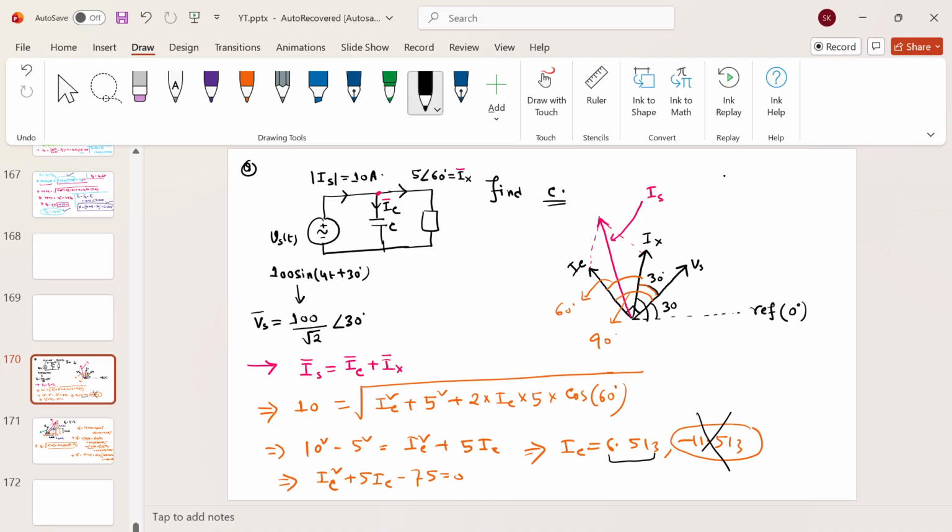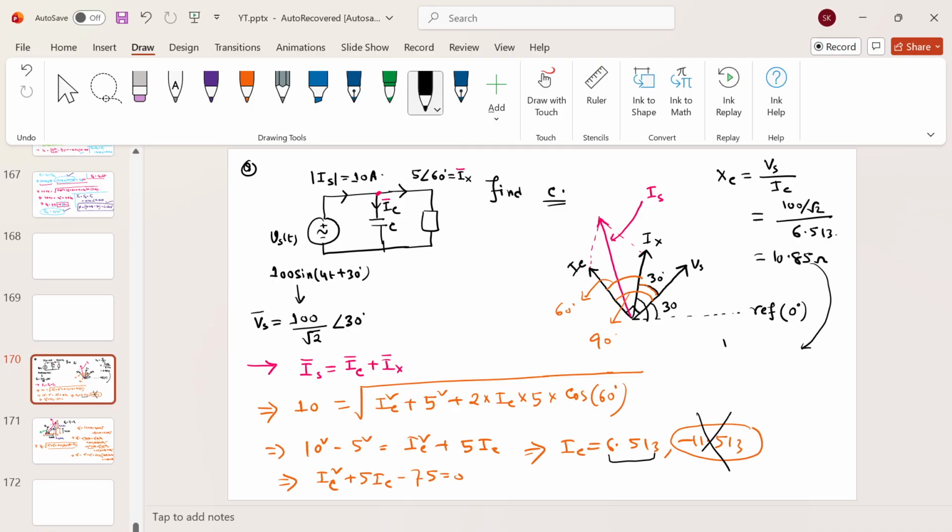Now the capacitive reactance XC will be Vs by IC magnitude. So Vs is 100 by root 2, the RMS value, and IC is 6.513. So here you will get 10.85 ohm.